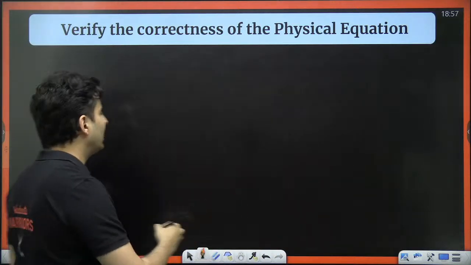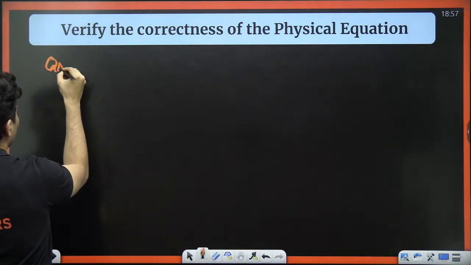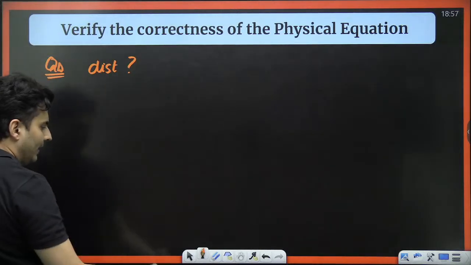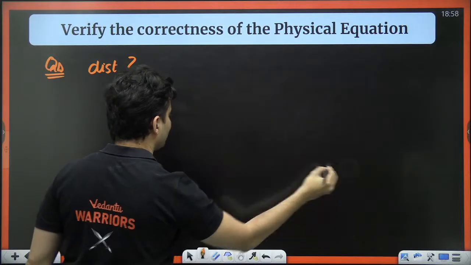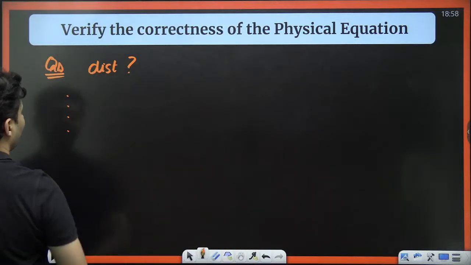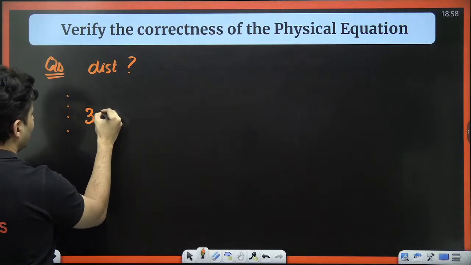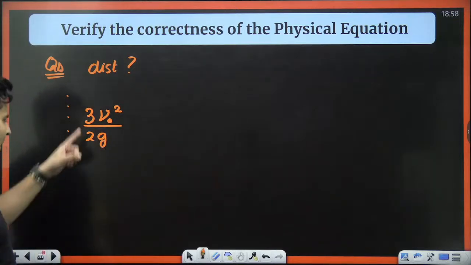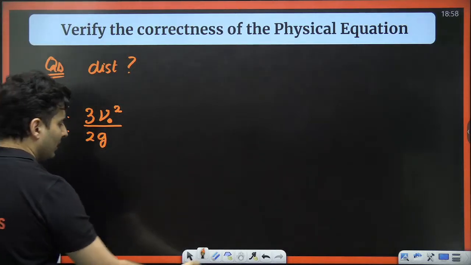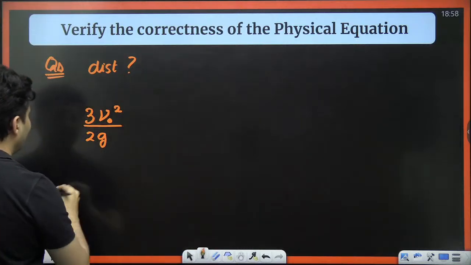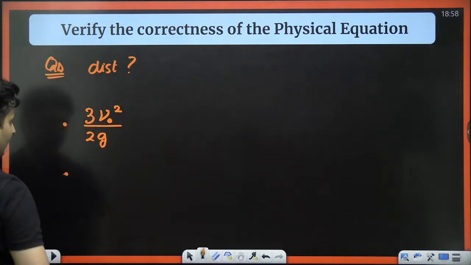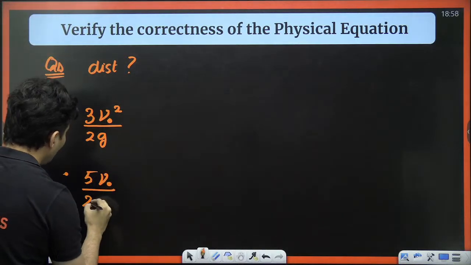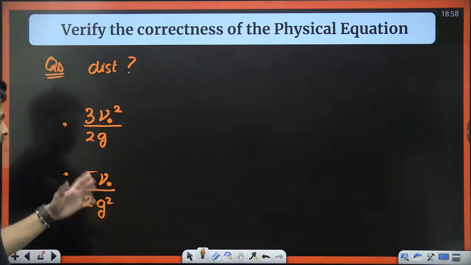Starting off with how to verify whether some equation is correct or wrong. Maybe there is a question which says find the distance after which it stops, and one of the options says something like 3v0 square by 2g, and another option says 5v0 by 2g square, something like that.